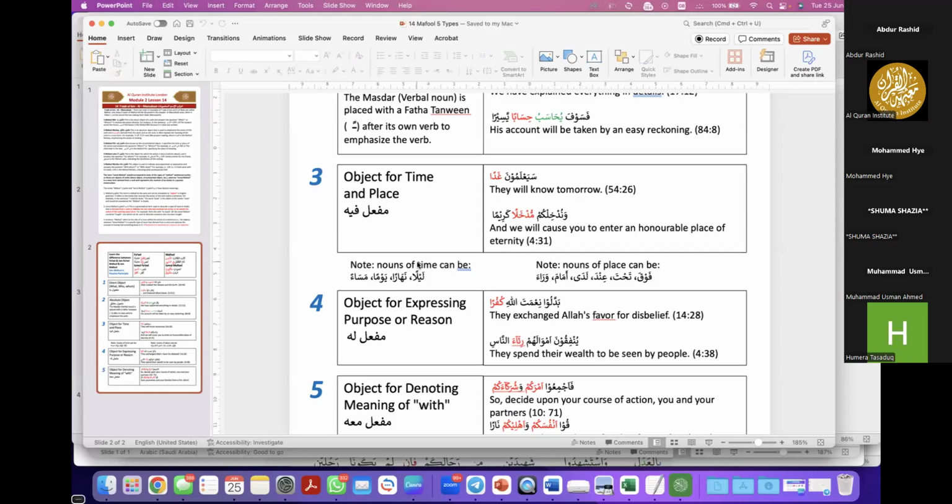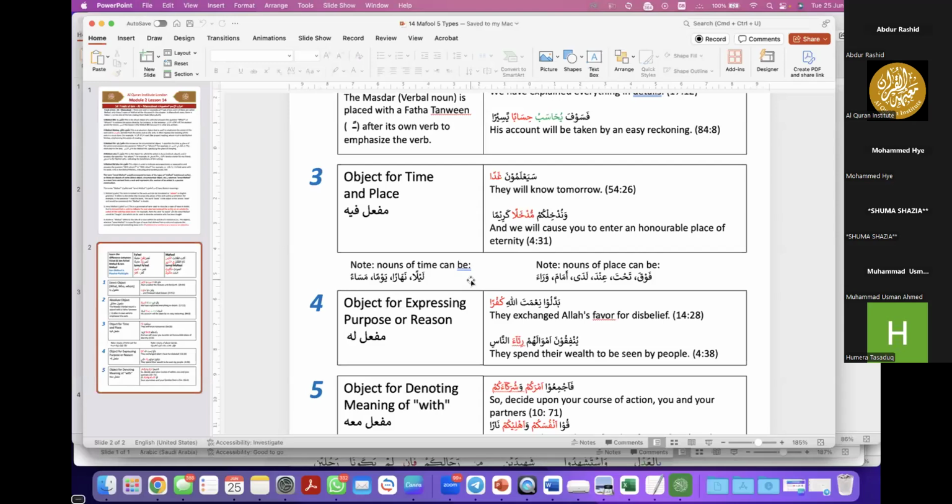It is all reason. Reason for that. It means for disbelief, they exchange Allah's ni'mah with something much less important than Allah's ni'mah. They sacrifice, they compromise. For what? What's the reason? For kufr.